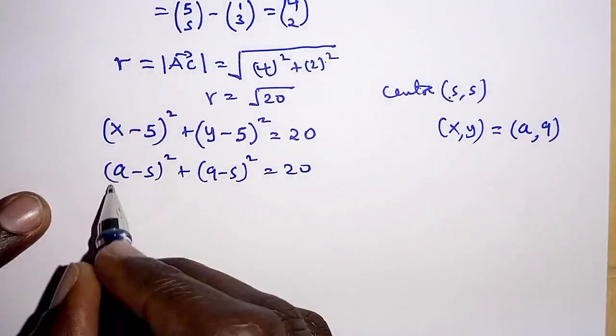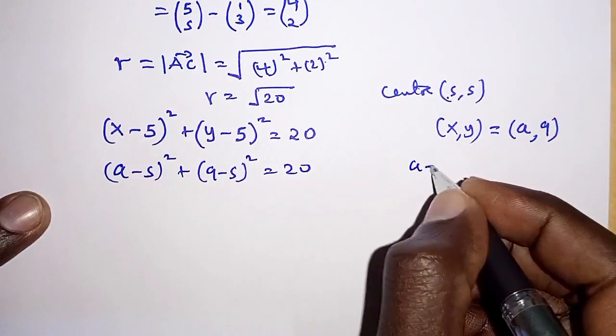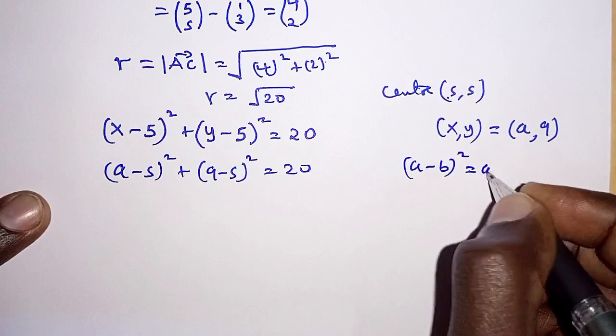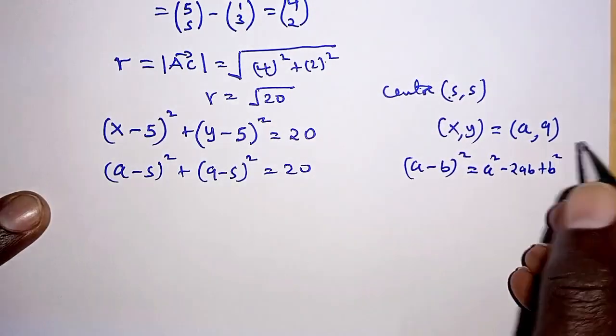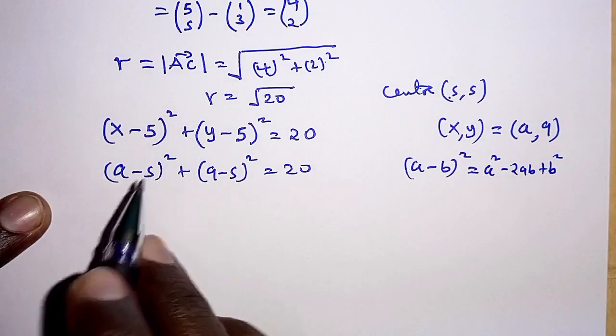Applying the quadratic identity for this first part, (a minus b) squared is equal to a squared minus 2ab plus b squared, we can expand this first part.